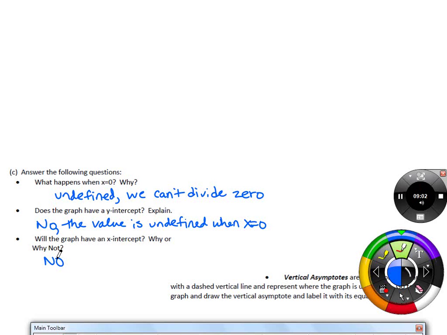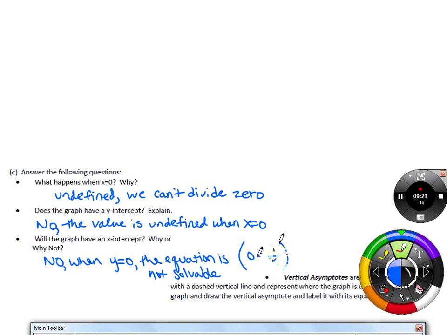Okay, so one way is, when y is equal to 0, the equation is not solvable, right? The reason it's not solvable, think about it. If you had 0 equals 1 over x, is there anything that you can change x to get this right side to equal 0? No, there's nothing you can put right here. We'd need a 0 up here to get 0, right? And that's not a thing we can change. The x is down here. Okay?